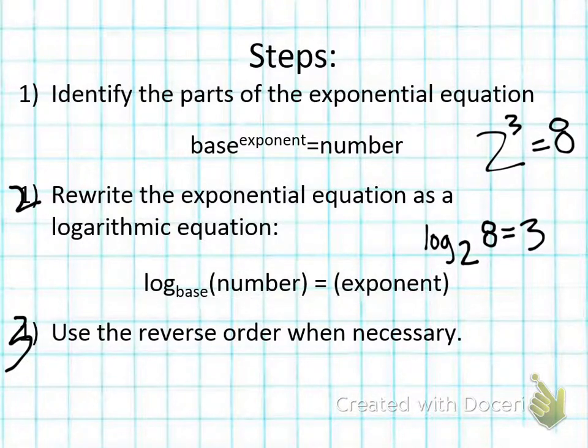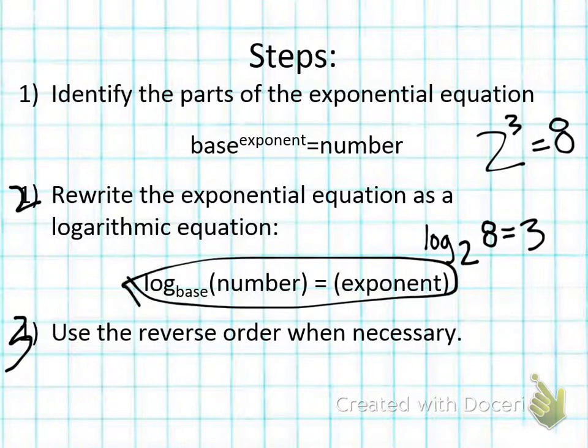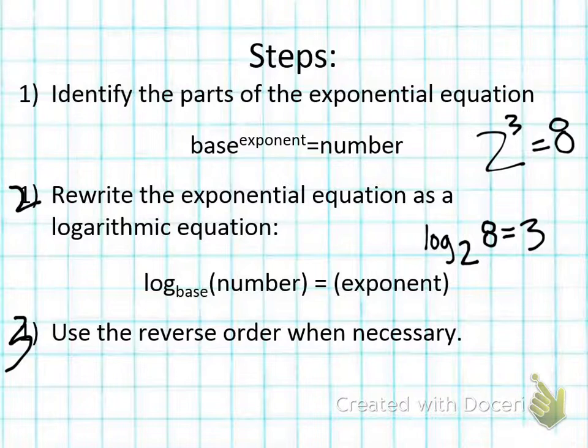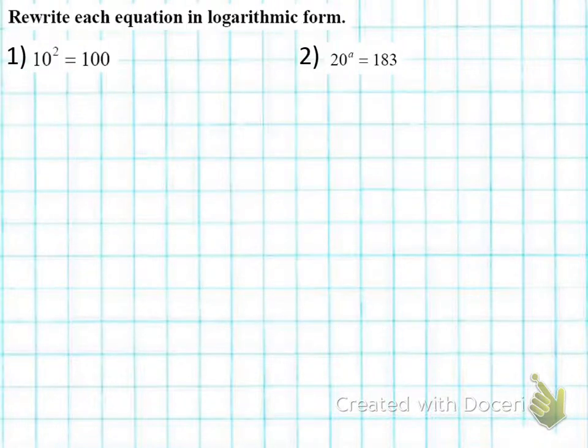Right, and then I will use the reverse order when necessary. So sometimes it'll give you something that looks like a log and it'll say write this as an exponential equation. So you'll rewrite it that way. Alright, so for this first example, it wants us to rewrite the equations in logarithmic form. So I'm going to just write down what each piece is here.